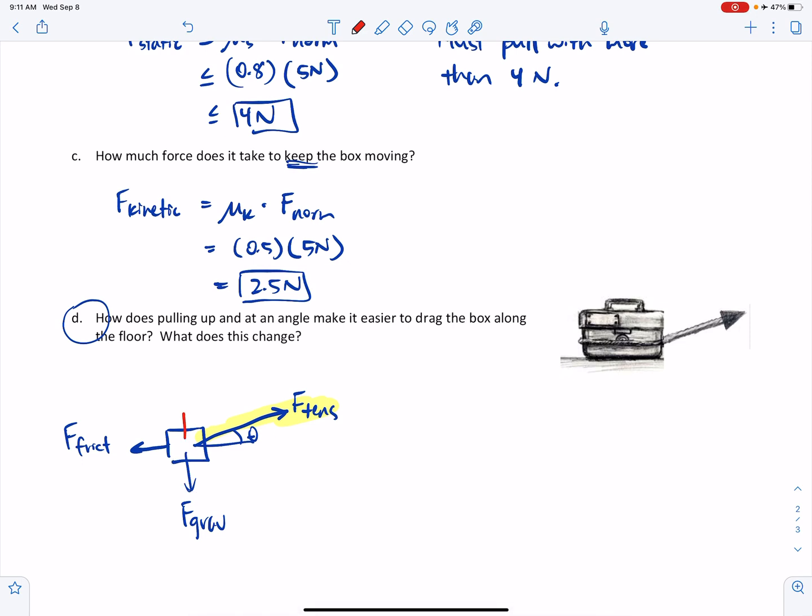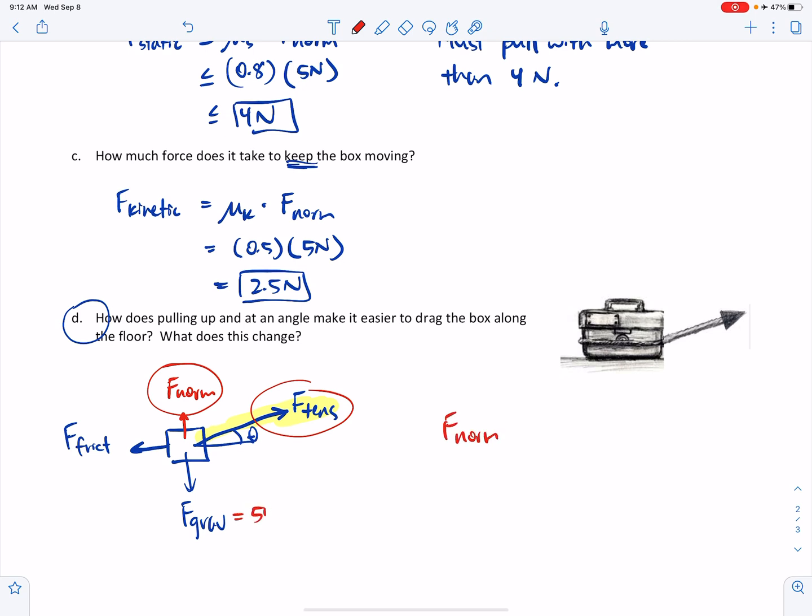Instead, it only needs to be maybe like this. And the reason is because the downward force of gravity here is now being balanced by 2 upward forces, the normal force and a vertical component of the tension force. So we actually have 2 upward forces and 1 downward force.